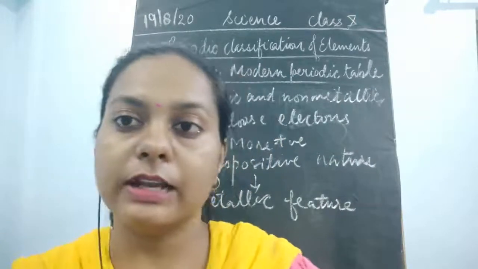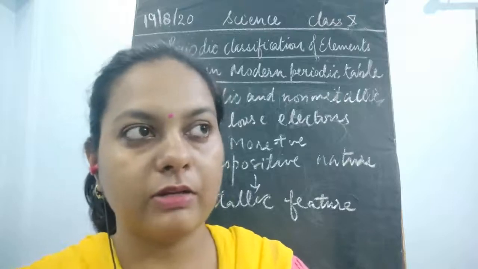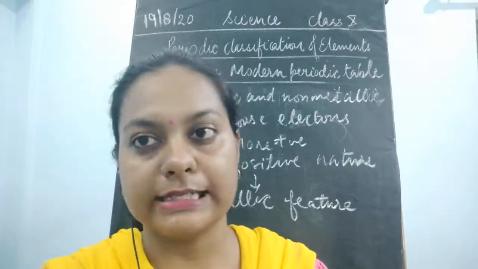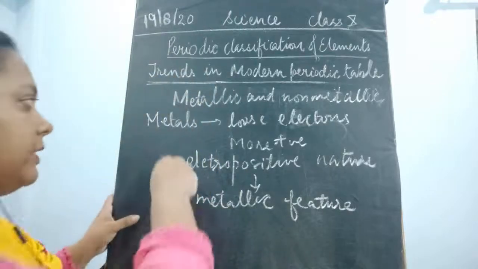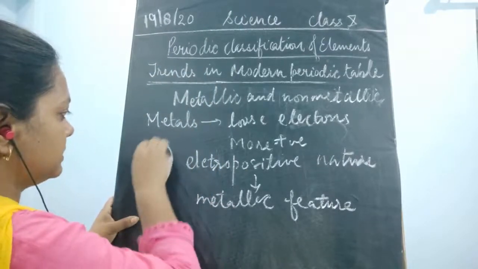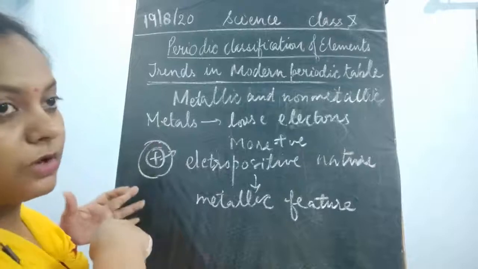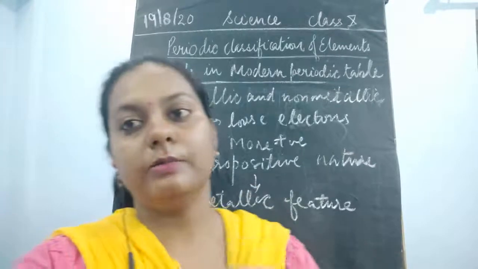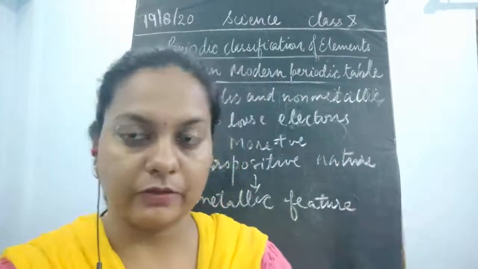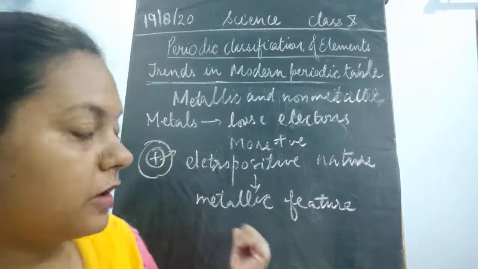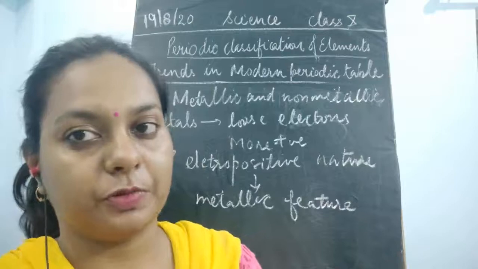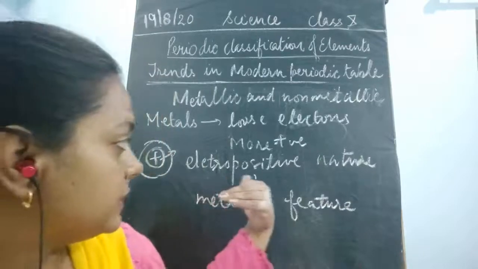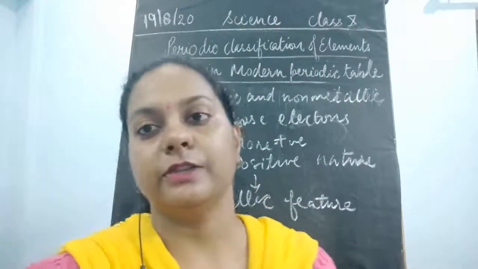Once these electrons are lost, the negative charge is decreasing, so we are left with the positive charge present in the center, and this goes on increasing. So this atom on the whole now becomes electropositive, and this electropositivity is known as the metallic feature.